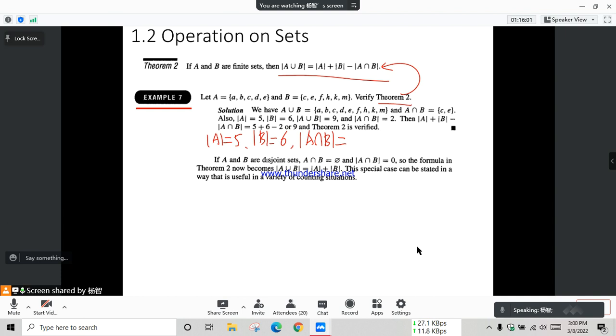And the cardinality of the intersection of A and B is equal to what? 2, is that right? Okay, and the cardinality of the union of A and B is equal to what? Because the union of A and B is equal to {A, B, C, D, E, F, H, K, M}, it's equal to 9.